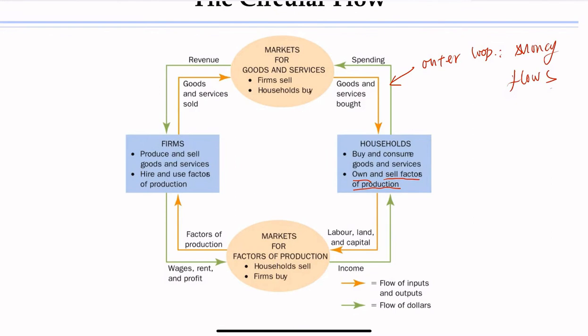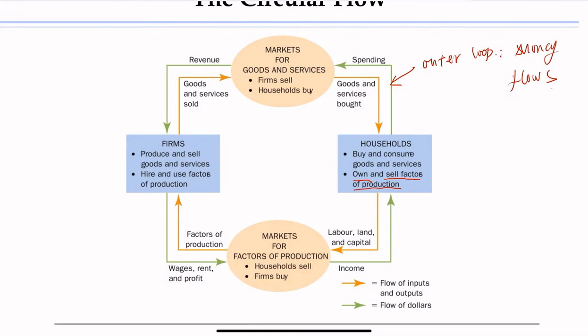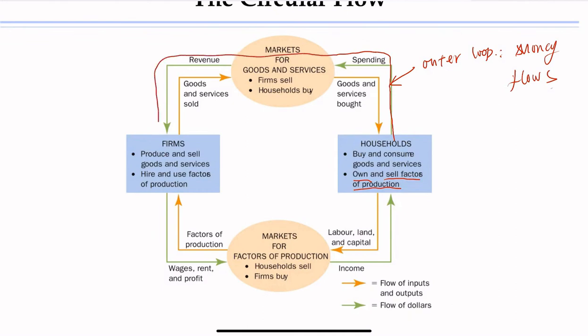If we just focus on the outer loop, you can see that money flows out of households in the form of consumption, and then it becomes revenue collected by the firm. And then firms will pay out wages, rent, and profit to households. And again, households will use wages, rent, and profit to buy products and services in the market.